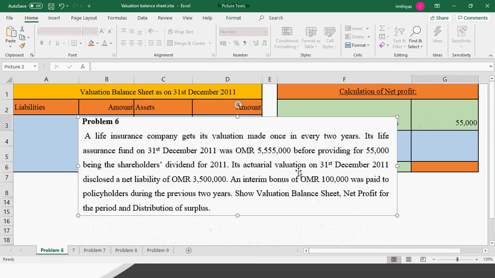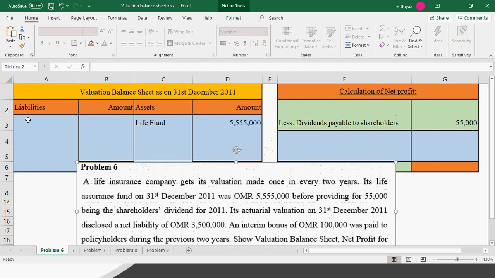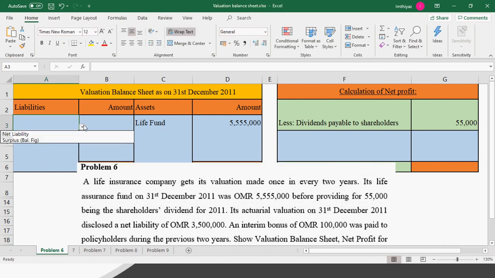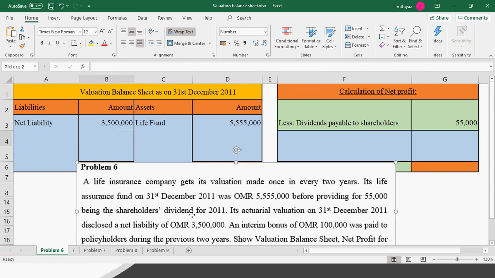After taking the shareholders dividend, we need to consider the actuarial valuation, which disclosed a net liability of 3,500,000. This is our net liability, so this will appear on the liability side. So net liability here is 3,500,000.